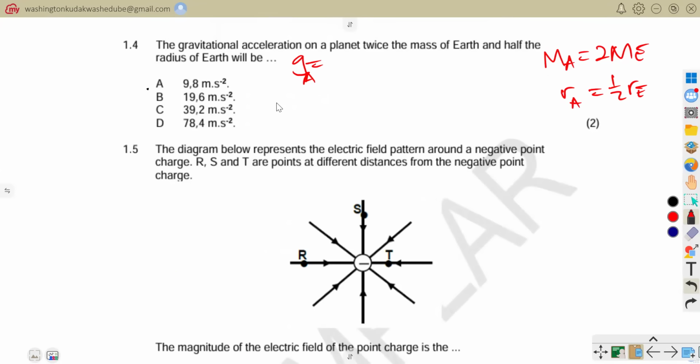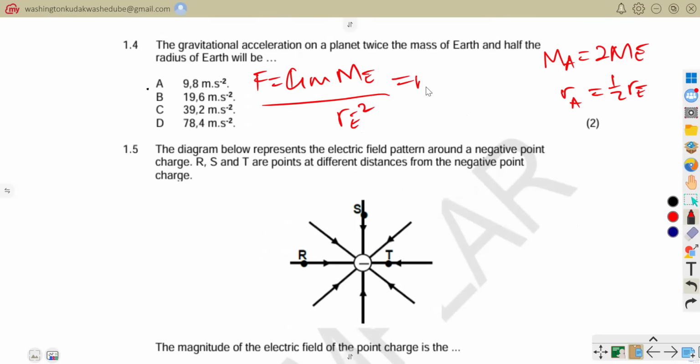So let's use Newton's universal gravitational law, which says that F is equal to G, mass of an object, times mass of the Earth, divided by R, which is the radius of the Earth, squared.